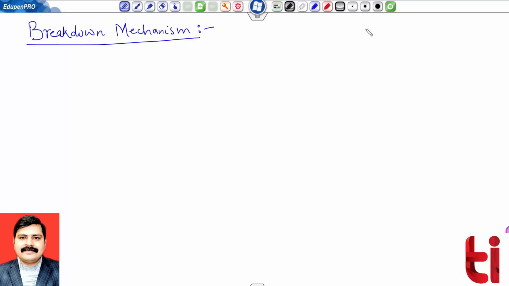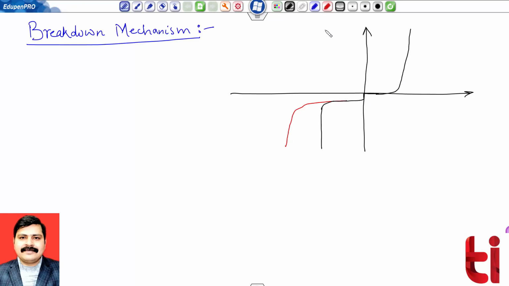So let us draw the VI characteristic of an ordinary PN junction diode first. Forward bias case. This is my diode current ID in milliamperes. This is my VD in volts, and this is my forward bias region, reverse bias region, and zero potential.